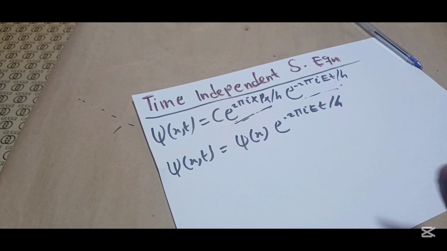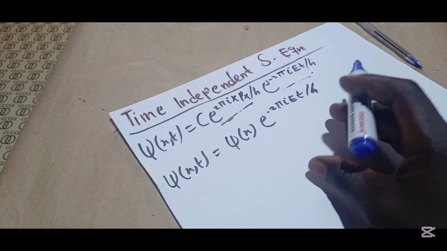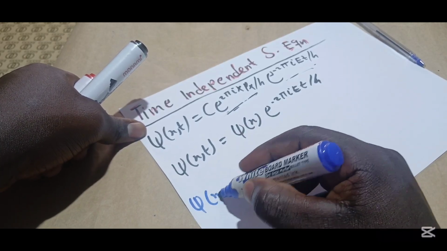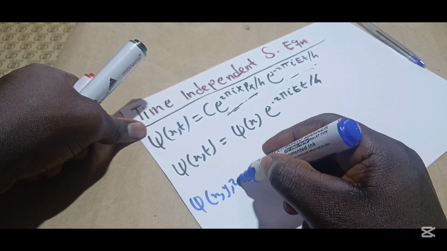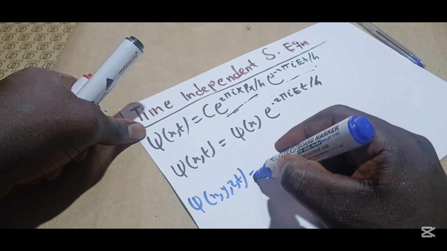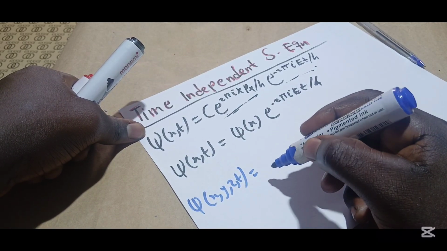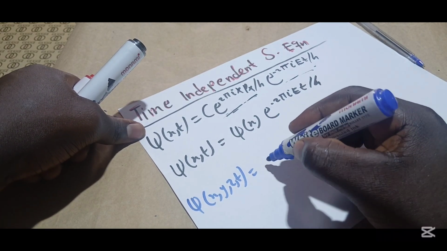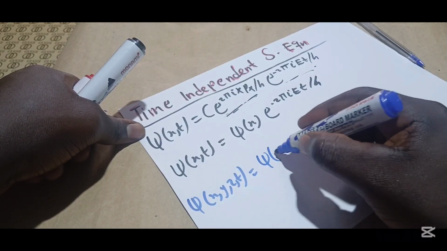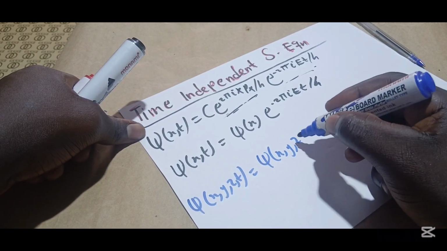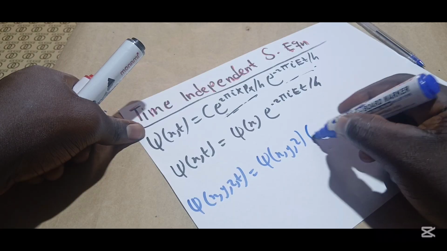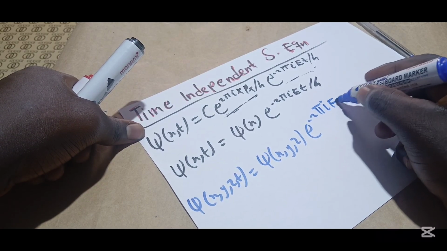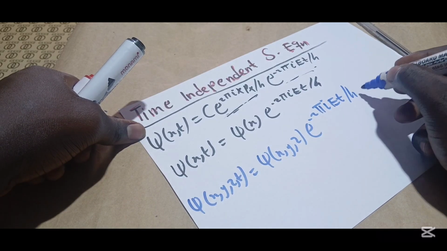Okay, so we are going to be looking at this in 3D terms. So let's say 4D, psi of x, y, z, t equals psi of x, y, z times e to the power minus 2 pi i E t over h.